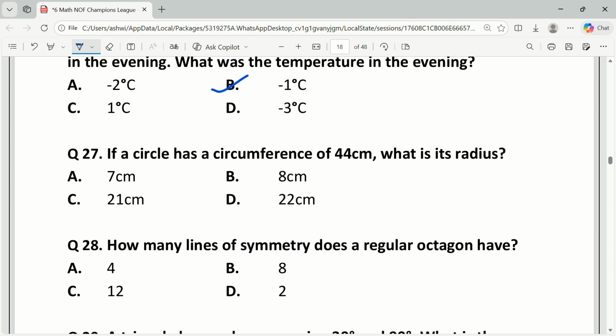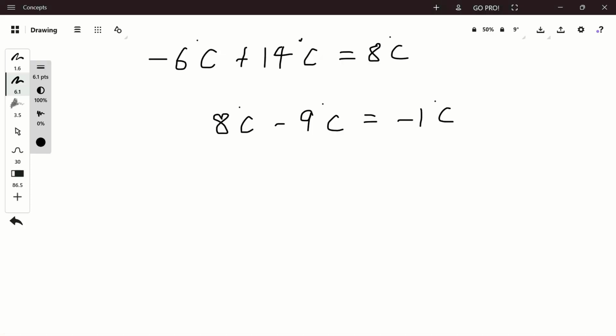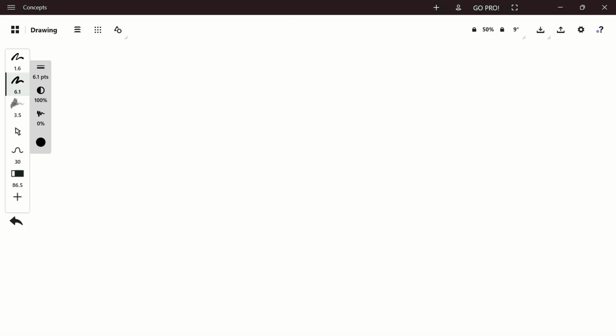A circle has a circumference of 44 centimeters. What is its radius? The formula for the circumference of a circle is C equals 2 pi R, where pi is equal to 22 by 7, and given the circumference C is 44 centimeters.